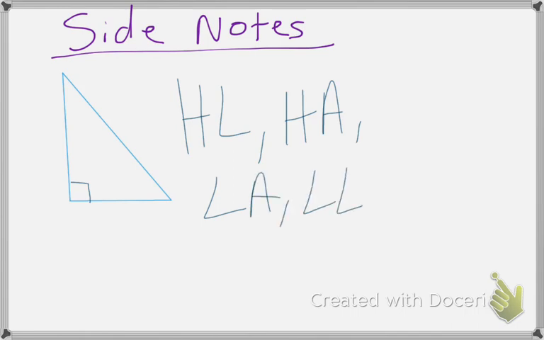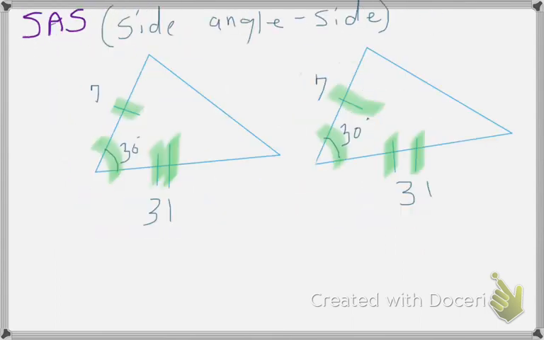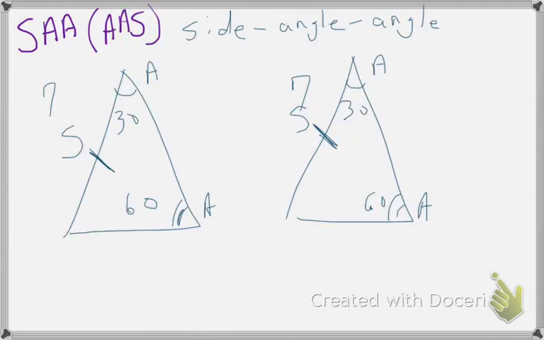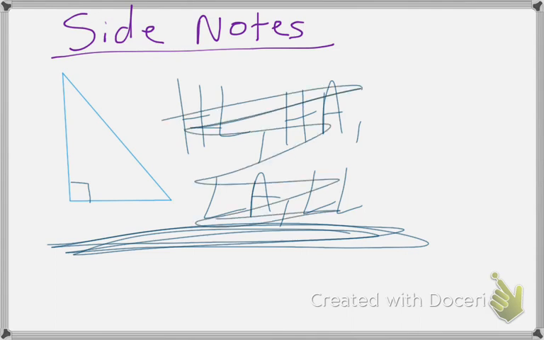But I don't know if you have to go over these, okay? I don't know. It's up to your teacher. Because all these other ones, side, side, side, angle, side, all of these right here still work for right triangles, okay? So it's up to you. If you don't need to know them, then don't, okay? Don't get all confused about it.